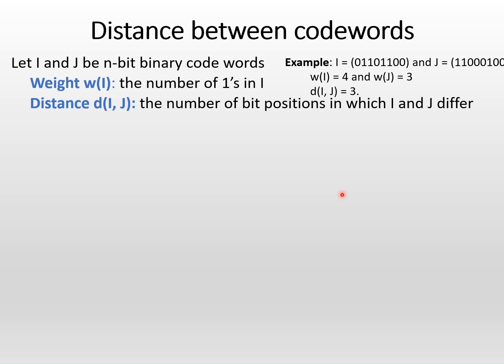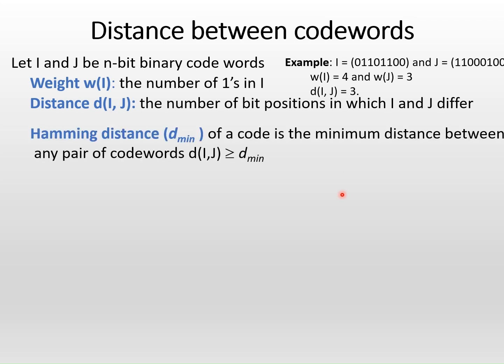Now we are going to learn another term called Hamming distance, and this is an important term. Hamming distance means the minimum distance between pairs of code words. You are generating 2 to the power k code words, right? Different pairs of code words have different distances.